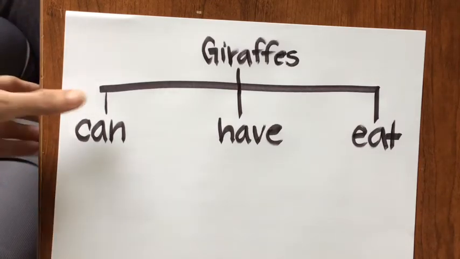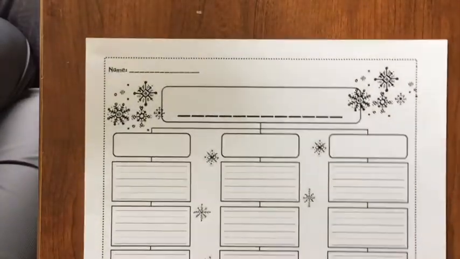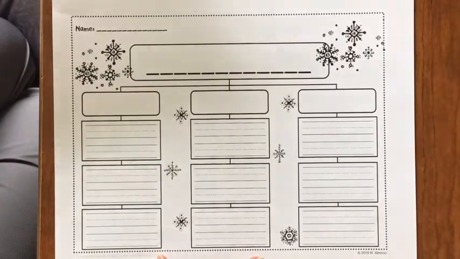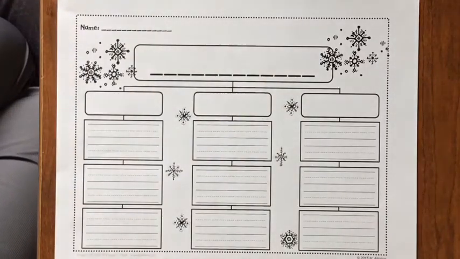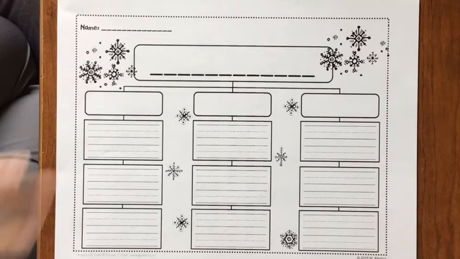I did have that question this week from a parent that said, what do I do? How do I do this assignment without having a piece of paper that you gave me? Well, you can use any piece of paper at your house that you can find. All right, so I'm gonna use my tree map that I printed off.